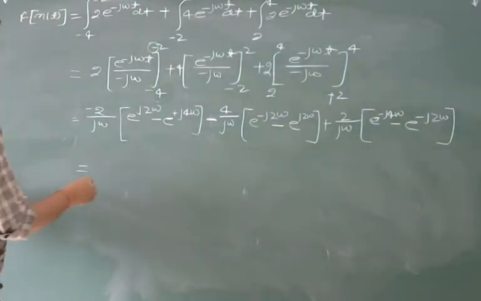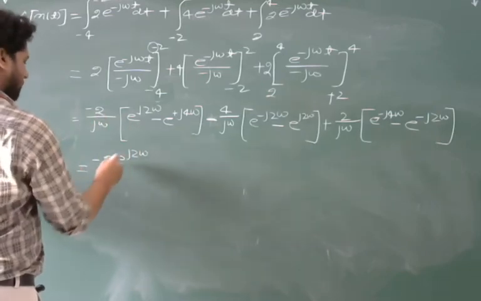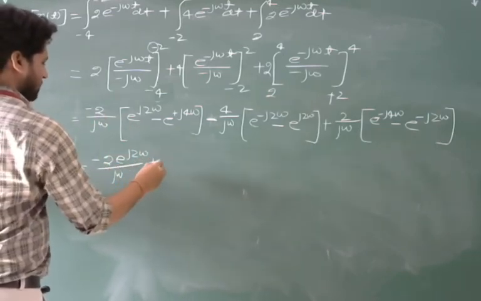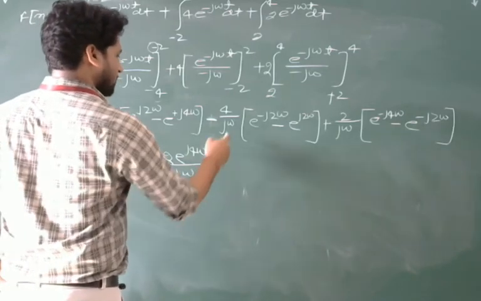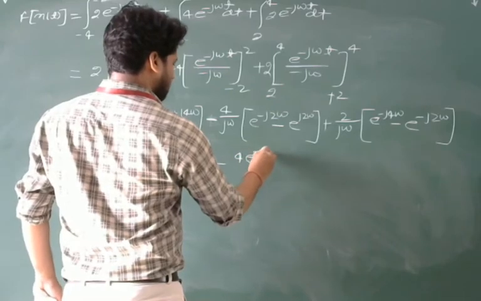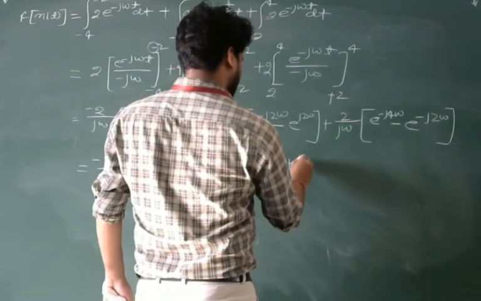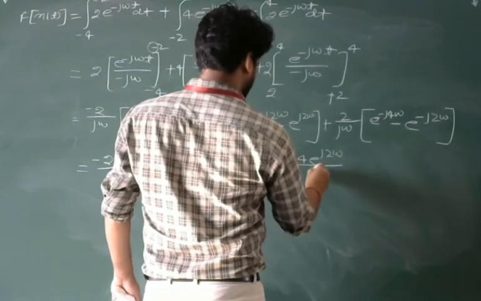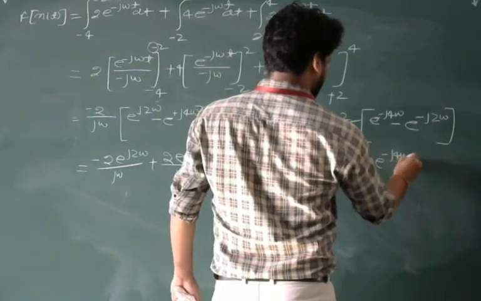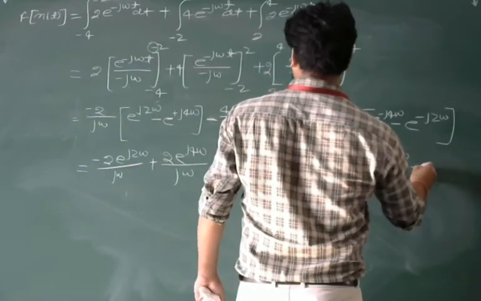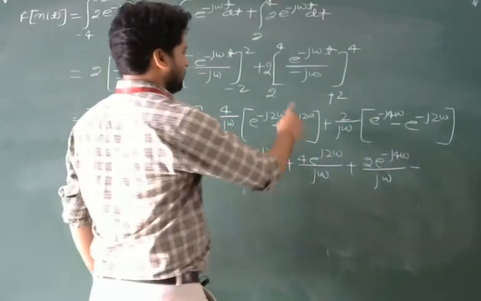Now this can be further simplified as minus 2 e power j2 omega by j omega plus 2 into e power j4 omega by j omega minus 4 into e power minus j2 omega divided by j omega plus 4 into e power j2 omega divided by j omega plus 2 into e power minus j4 omega divided by j omega minus, this is not, this is minus 2 by j omega.